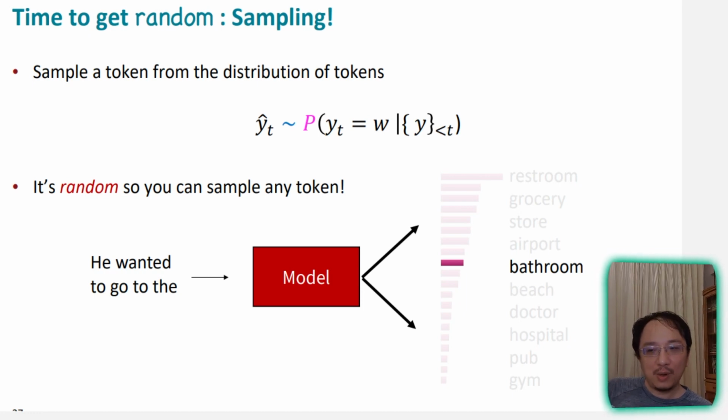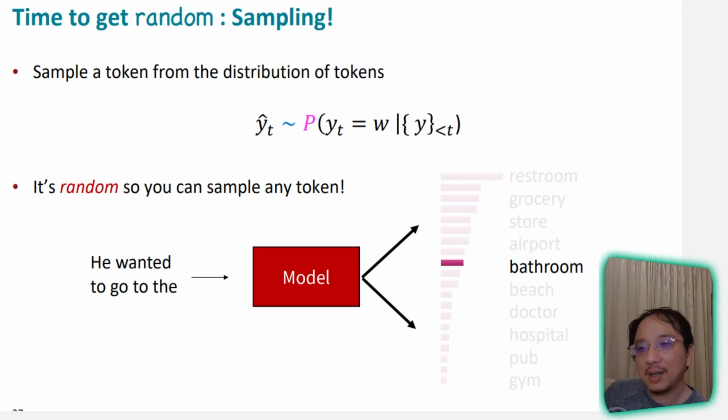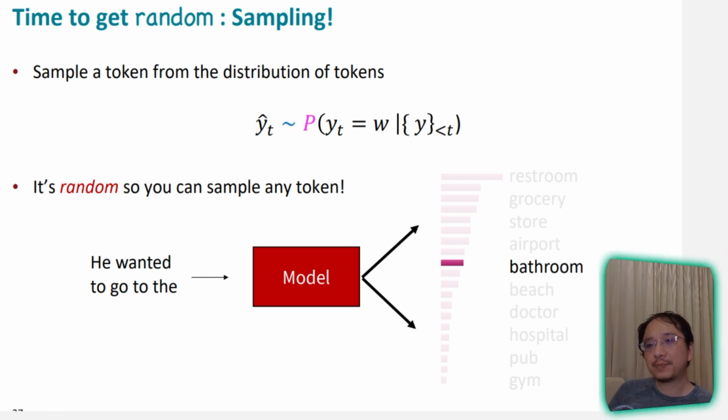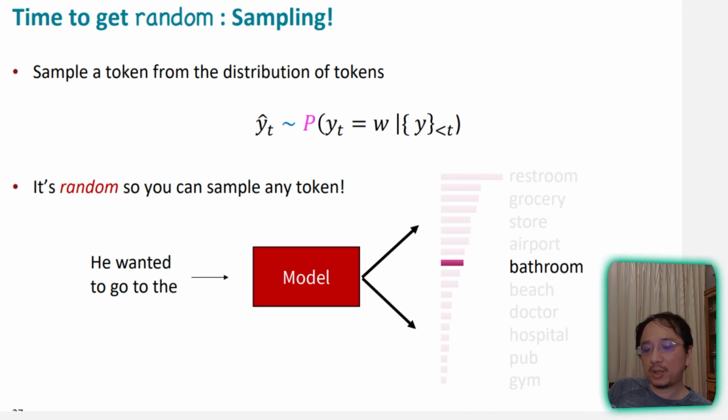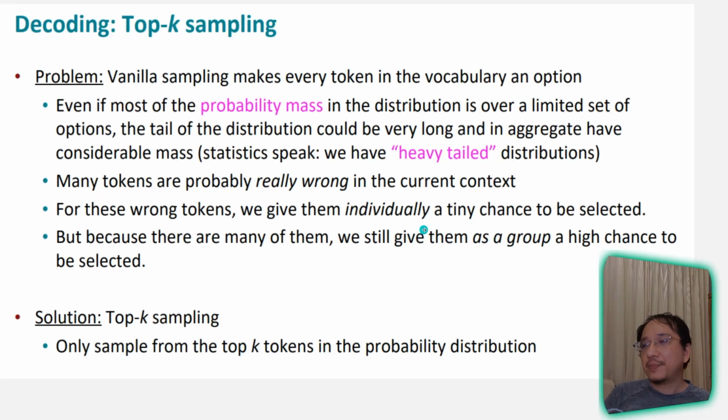So the summation of all these tail words may get a chance to be output. We may have a chance to pick those words that have a very small probability. But in fact, if we have an ideal model, this probability should be 0.